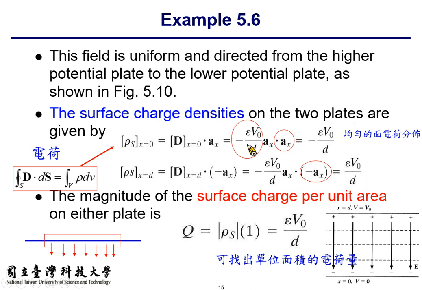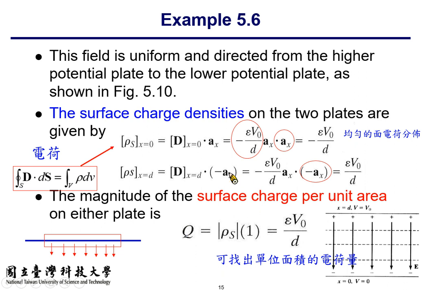So after doing that, you have the charge density on the bottom plate is minus epsilon V sub 0 over d, where the top one is of the same magnitude but opposite polarity. The top is positively charged, and the bottom is negatively charged.